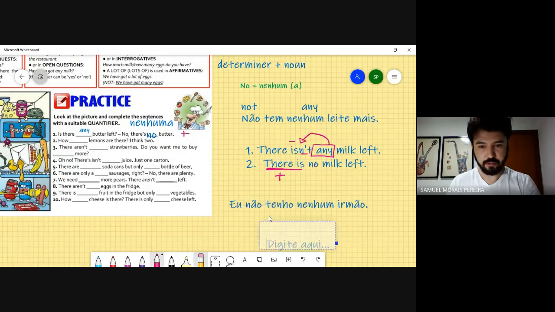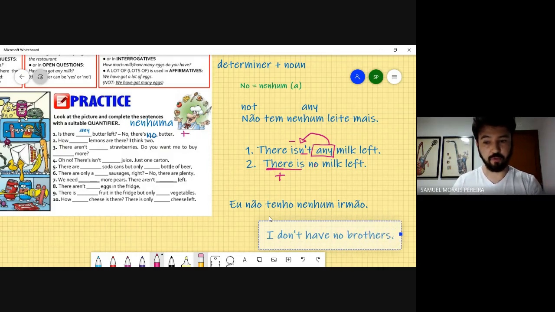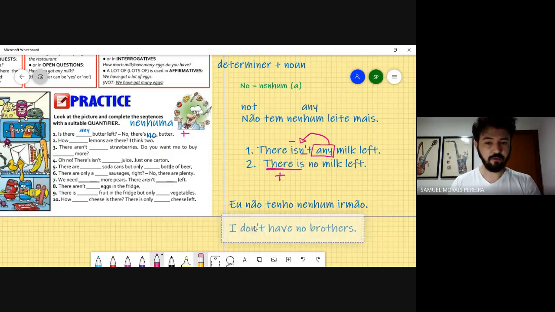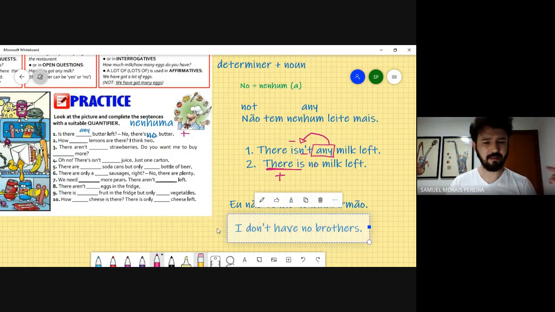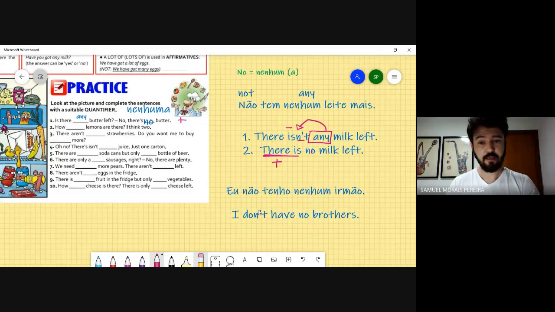In English, I can translate this sentence in two different ways. Se eu traduzir o não, ficaria assim, né? I don't have. Posso falar no brothers? I don't have no brothers. I told you in one of our last lessons when you were in 3A that in English, in standard English, né, no inglês padrão, tá?